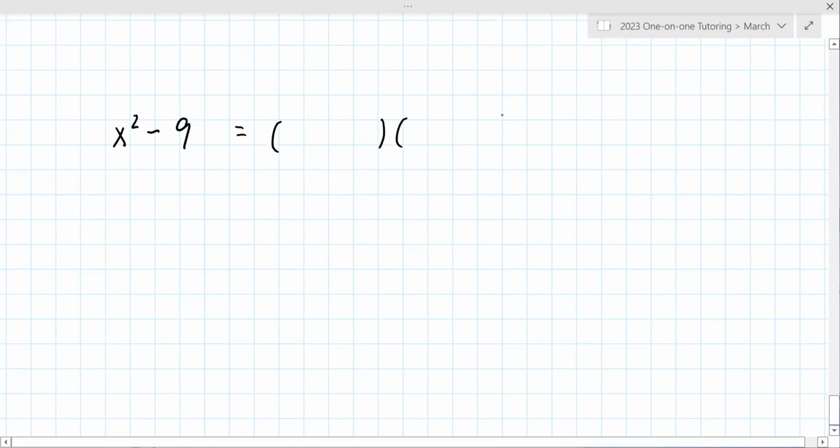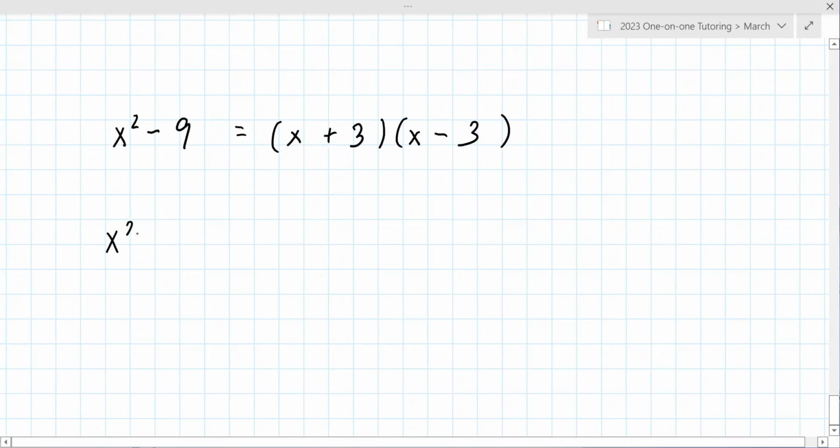Tell me what goes in parentheses here, please. Wouldn't the first one be x and the second be 3? What goes in between? Oh yeah, the plus and the minus. Yes, very good.